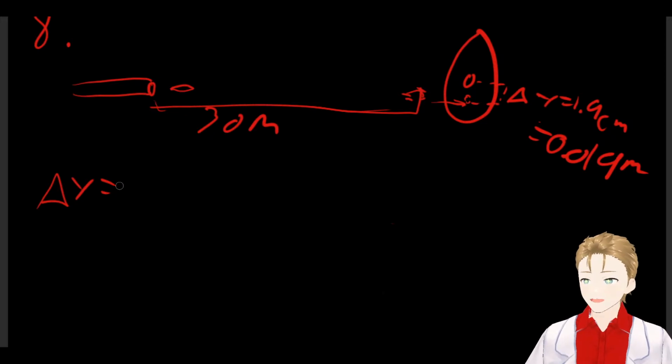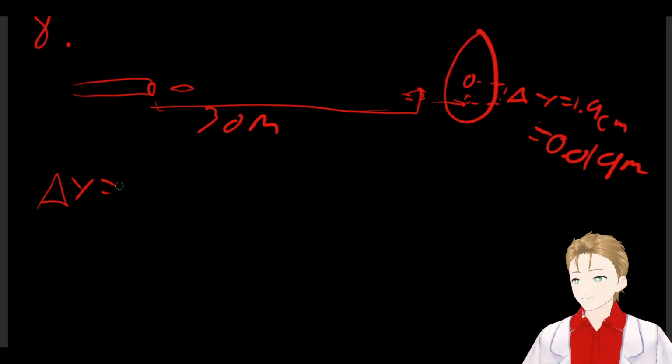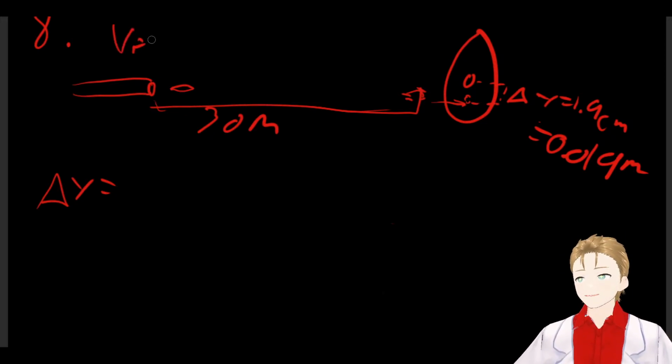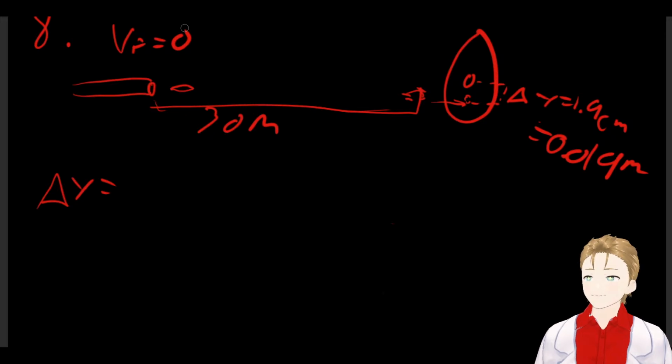We can say final velocity is 0, right? Final would be 0 because now it's hit the target, and we just assume it's stuck then, right? What is the best choice?